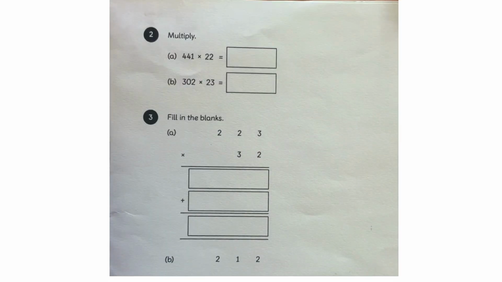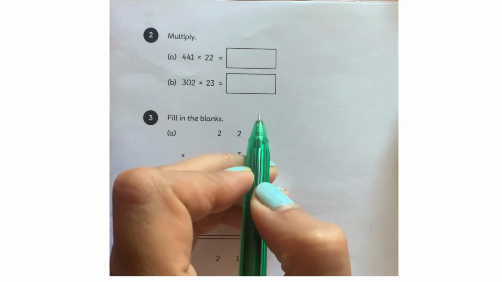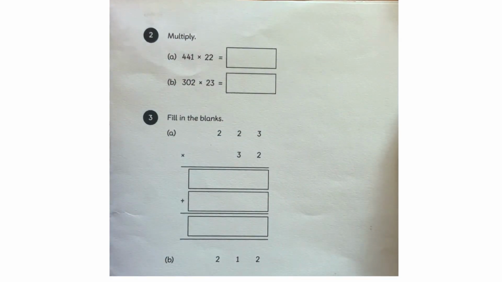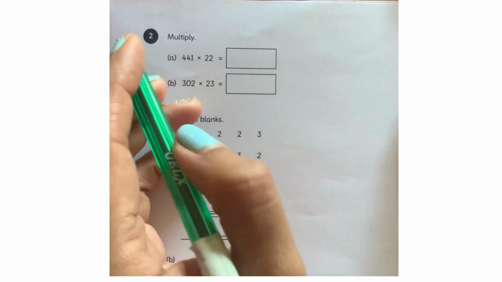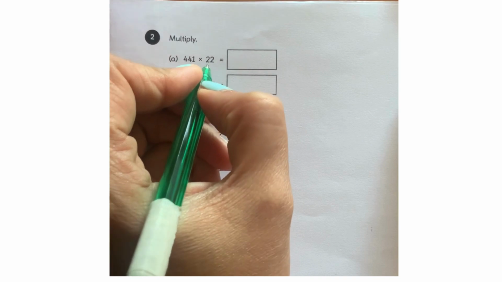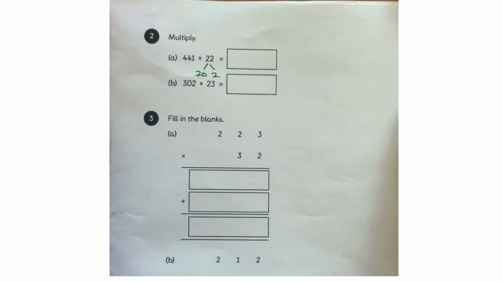Let's solve a few more examples now. I have 441 times 22. You can again partition it or directly do it however you're comfortable. Since we are doing partitioning, let's do it that way. This 22 will be partitioned into 20 and 2, right?